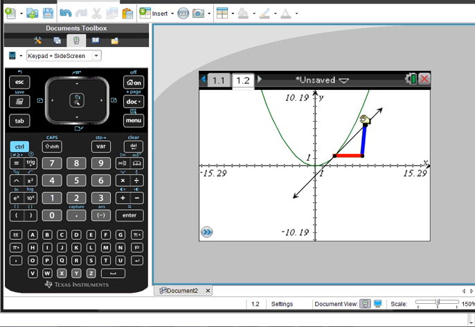Oh, nope, it won't let me do it. It's stuck on that line. I don't want it stuck on that line. That's the deal. So I would have to construct vertical lines here and put it on the vertical line and then hide the vertical lines. That just takes a little time, and I didn't have the time. So this is the dy, this is dx, delta x, and if I bring this point up here, that's the actual change in y. That's pretty cool.